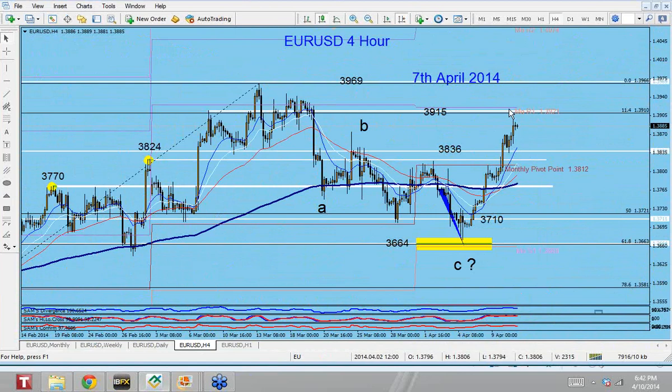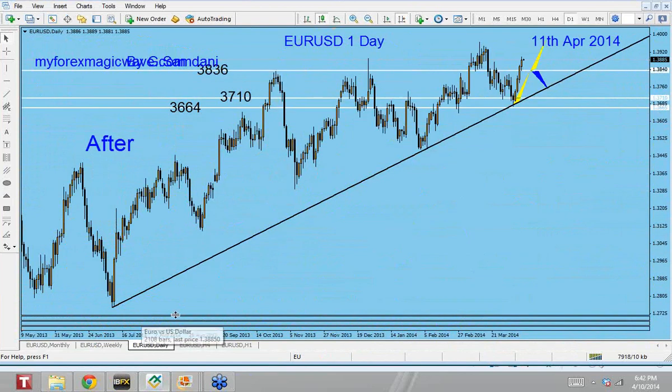I would say that we will go, then we will retrace, and then probably break it and go above, continue going to the upside. Why continue going to the upside? Possibly because the first thing you can see is the move: 1, 2, 3 big daily candles, solid bullish candles.